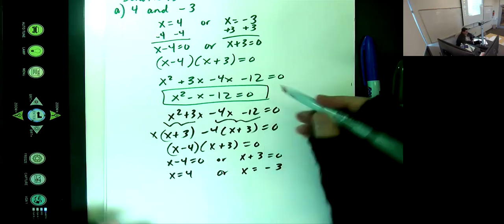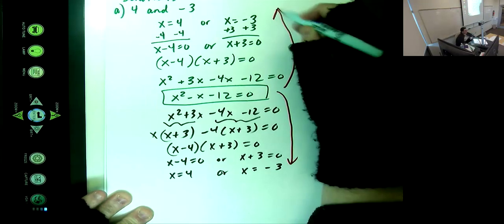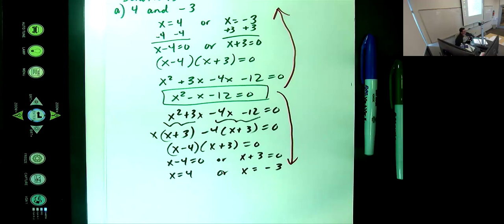Notice these are the same steps, just going in different directions. It's the same steps in reverse order.